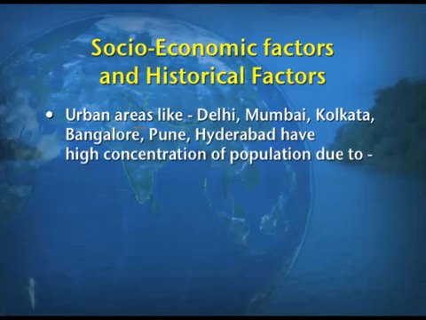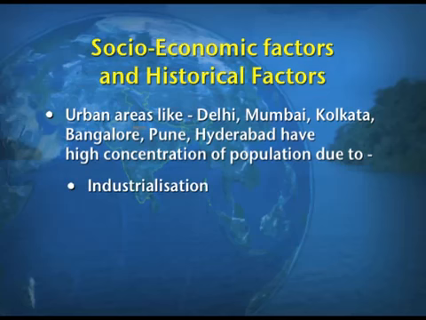Now, I'll quote certain cities: Delhi, Mumbai, Kolkata, Bangalore, Pune, Hyderabad. These areas have a high concentration of population because of two major reasons. One, industrialization, and another is urbanization.